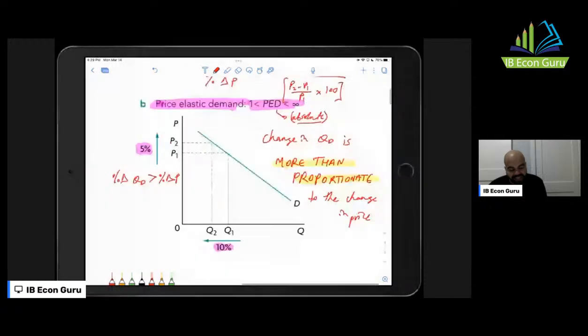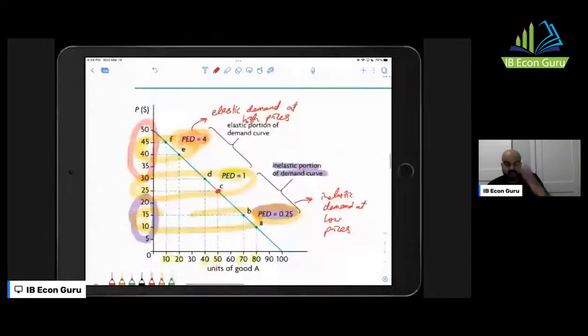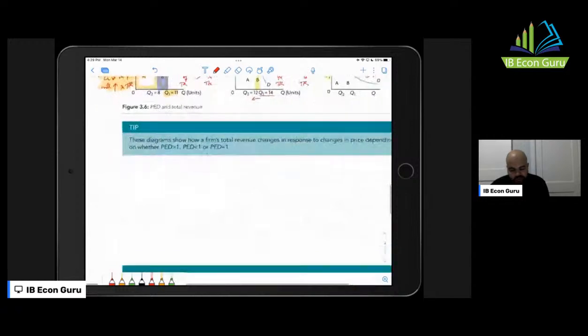If you're talking about elastic demand, the change in quantity demanded is more than proportionate to the change in price. And remember that on a straight line demand curve, elasticity is not constant. At high prices, demand is more price elastic. At low prices, demand is more price inelastic. And the total revenue boxes.